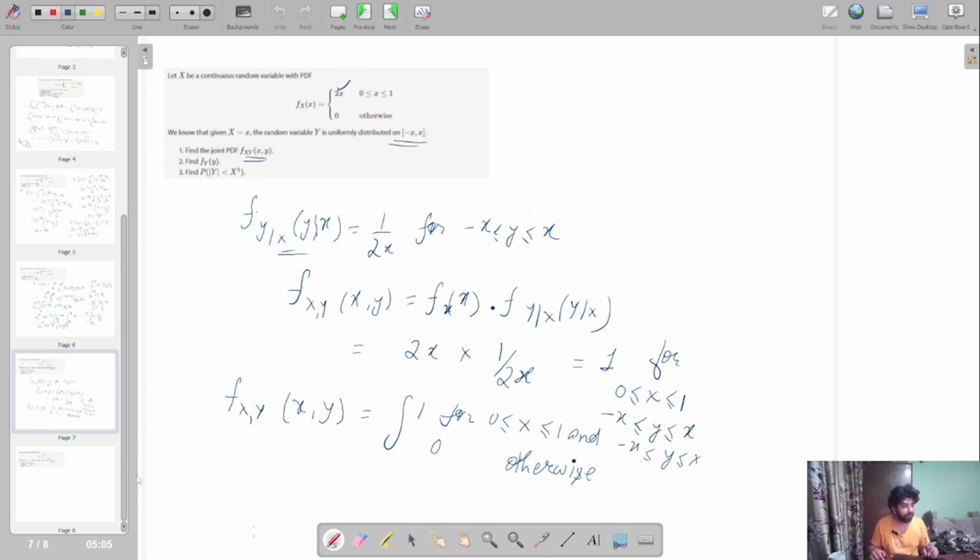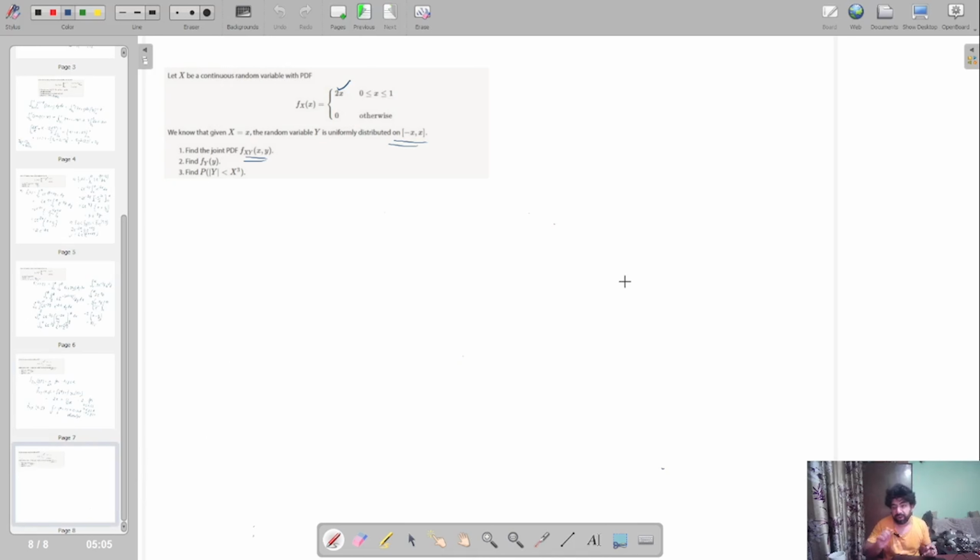Let's move further and find out the marginal PDF for Y. To find the marginal PDF of Y, we have to integrate the joint PDF over all values of x that correspond to each y. Since Y is supported on the interval minus 1 to 1, the limits of integration will depend on it.